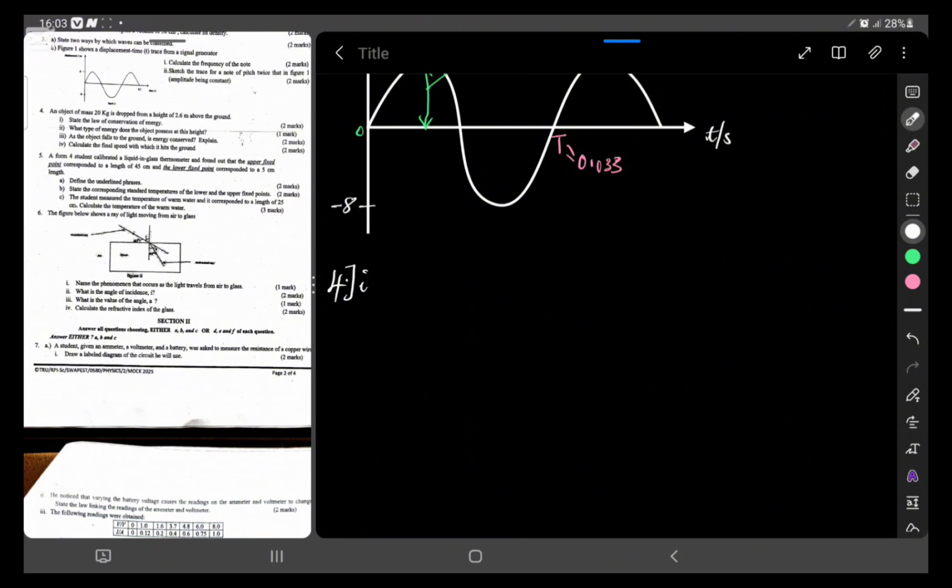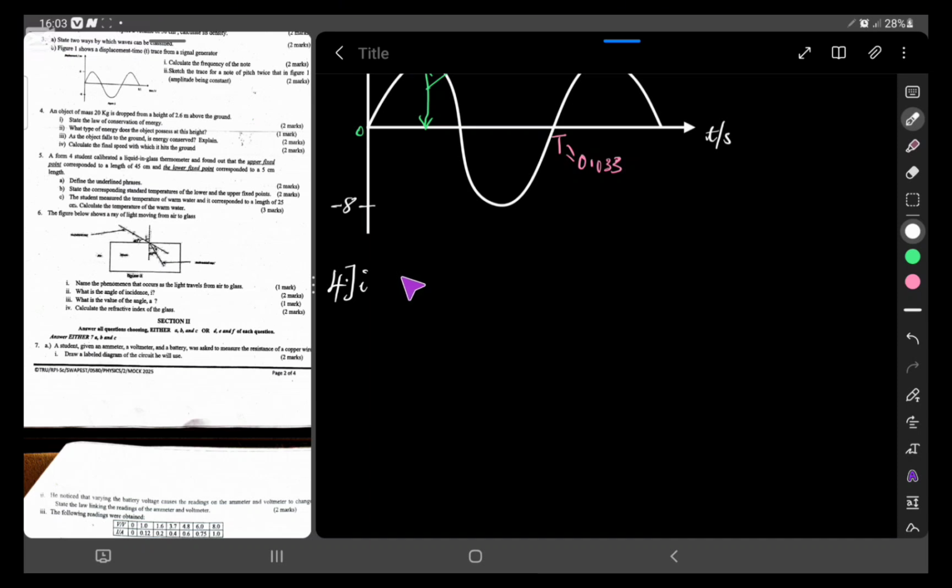Roman 1. Now the law of conservation of energy states that what? In any closed system, the total amount of energy is constant. In other words, you can say that energy can neither be created nor destroyed, but can be changed or transformed from one form to another.